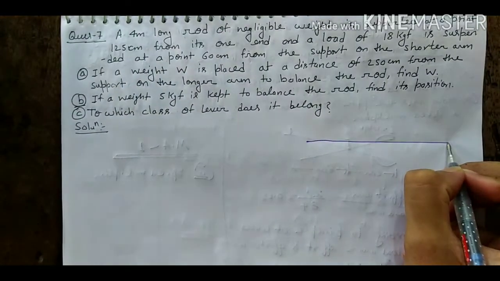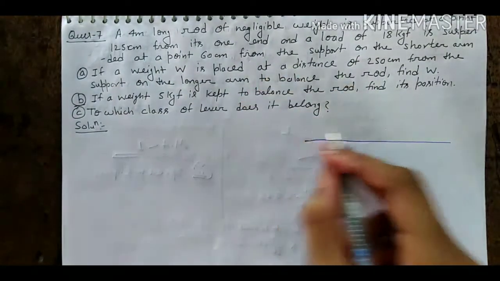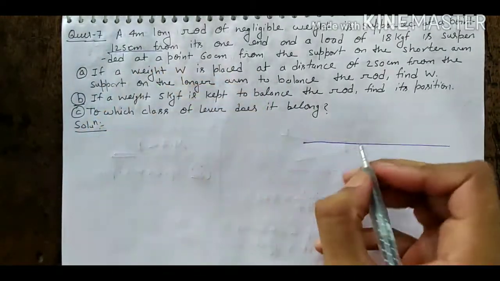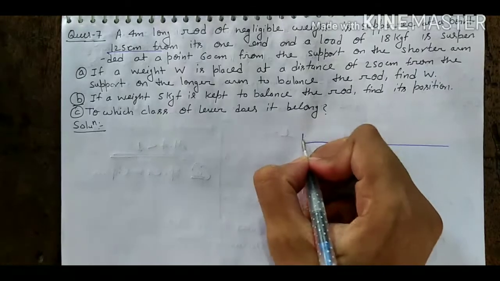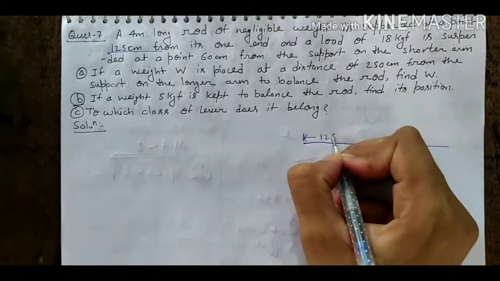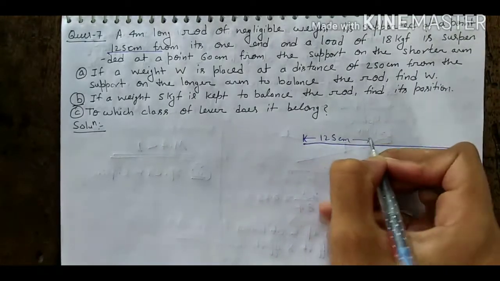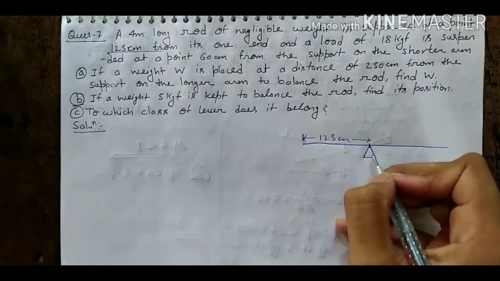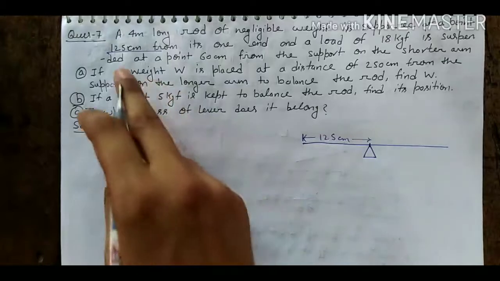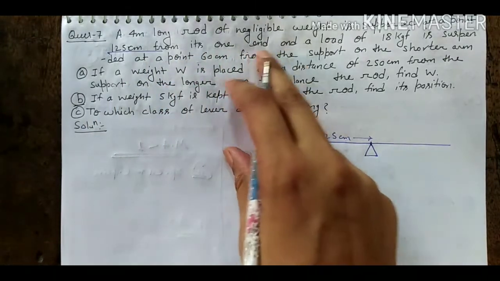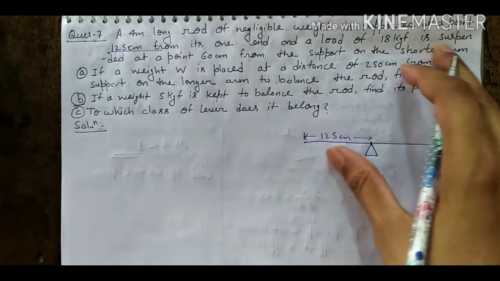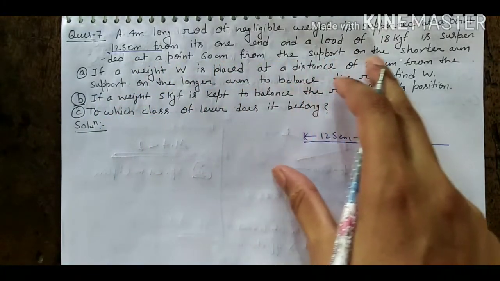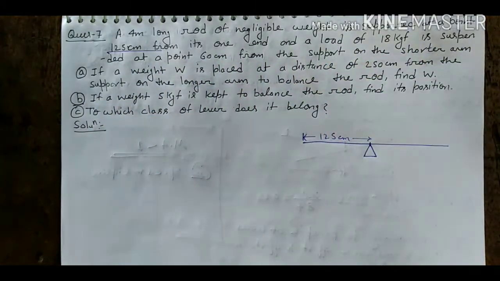This is the 4-meter long rod, and this rod is supported at 25 centimeter. Suppose from the start to 25 centimeter, here is a point by which it is supported. Suppose this is a fulcrum at its one end, and the load of 18 kgf is suspended at a point 60 centimeter from the support on the shorter arm.